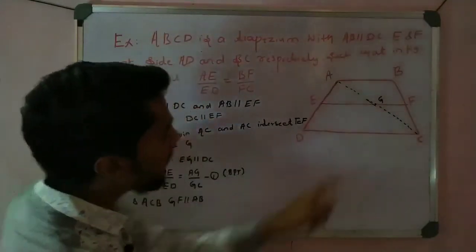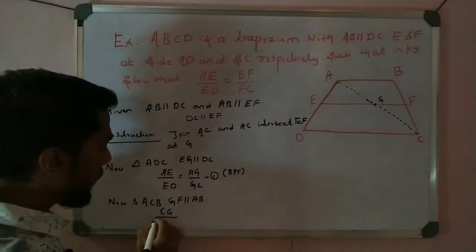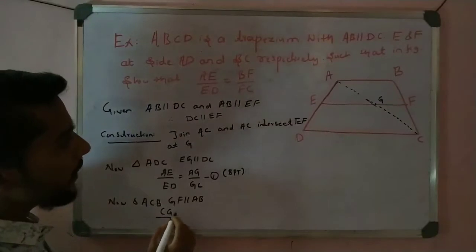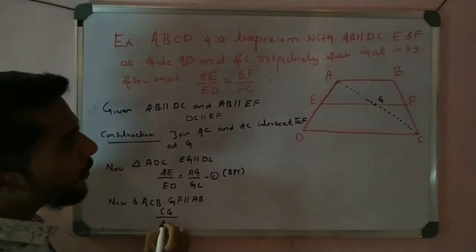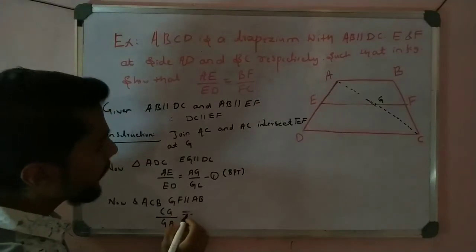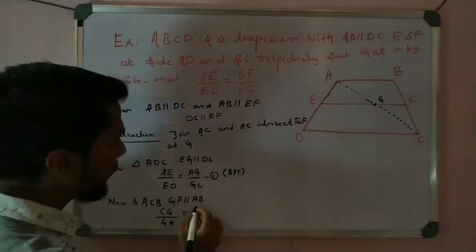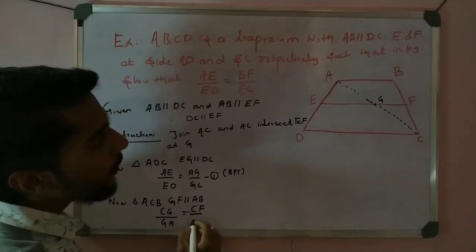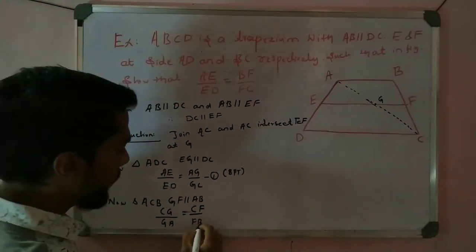What happened? CG divided by GA is equal to CF divided by FB.